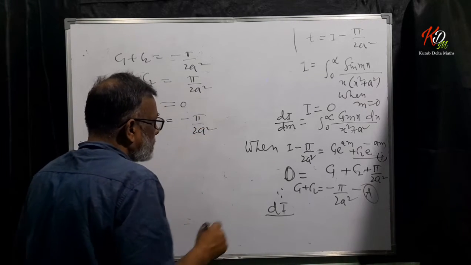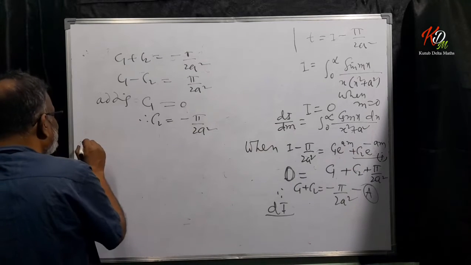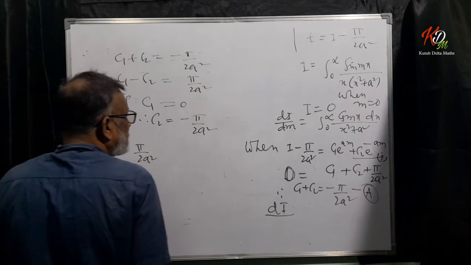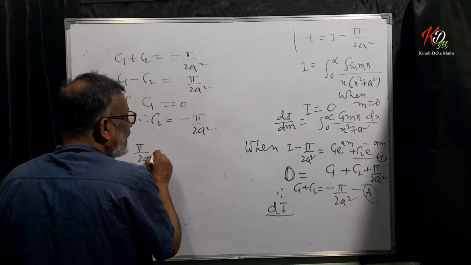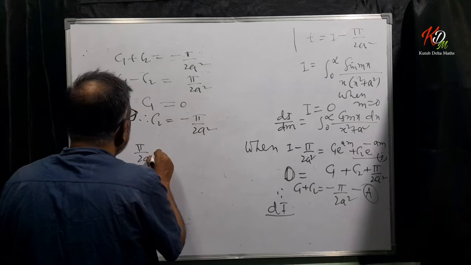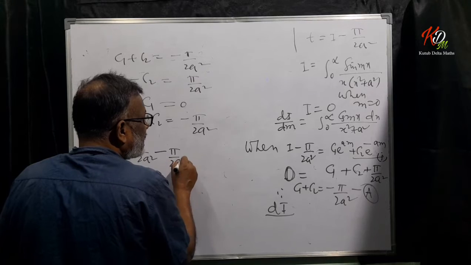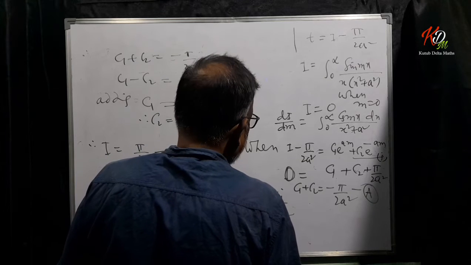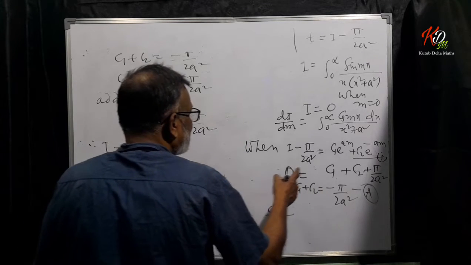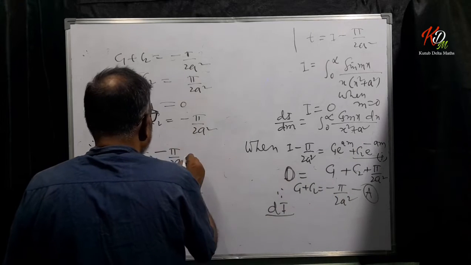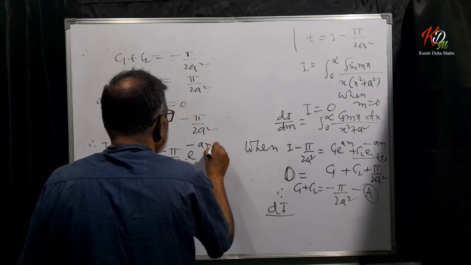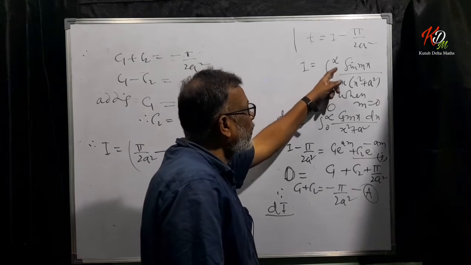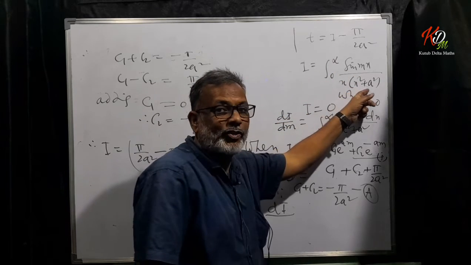So putting in equation 1, I equals pi by 2a square plus c1, that means 0, plus c2, that means minus pi by 2a square, into e to the power minus am. This is the integration of 0 to infinite sin mx by x square plus a square, obviously.